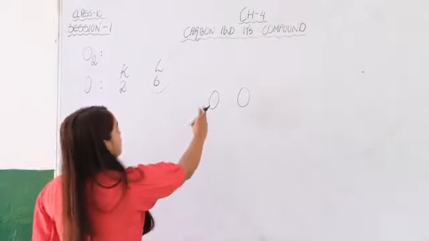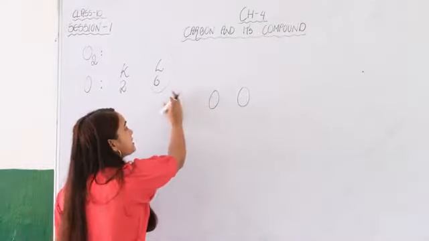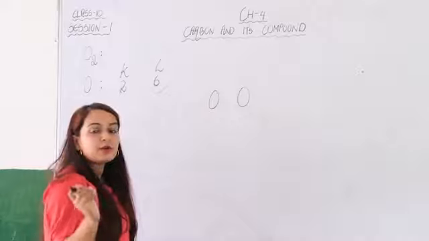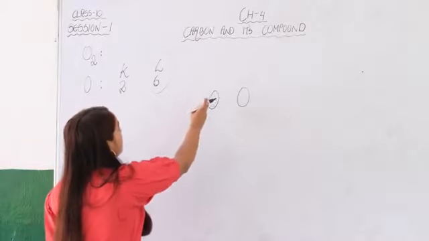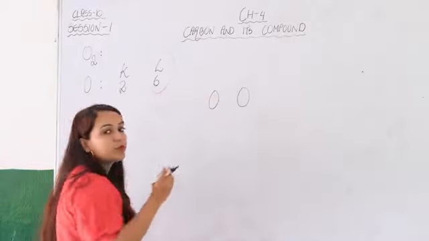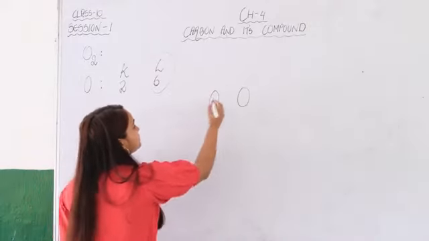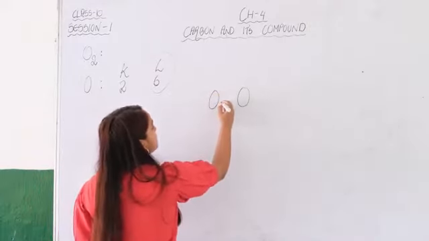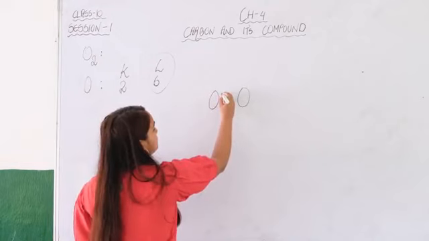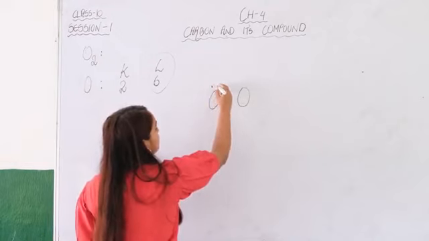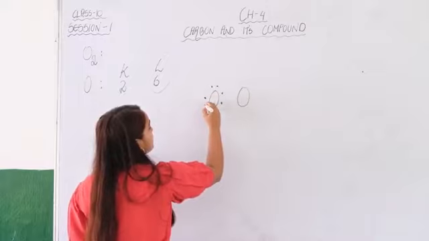We know that one oxygen atom has 6 valence electrons. So whenever we are placing the oxygen electrons, we will place only the valence electrons. So here, 1, 2, 3, 4, 5, 6.